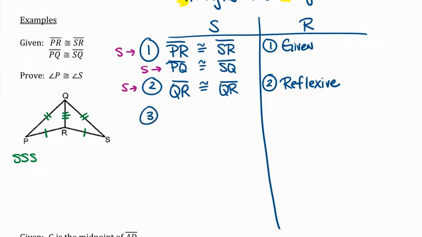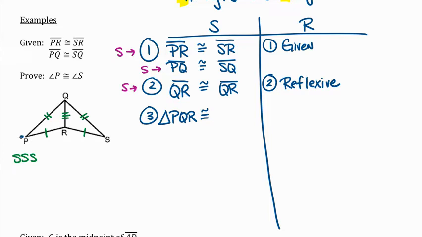And this is the part where you have to be careful, because when you write the names of your 2 triangles, you have to match up their corresponding parts. So the first triangle I can name in any way that I want. So I'm going to go with triangle PQR. And when I go to name my other triangle, I want to make sure that I say that in the same corresponding way.